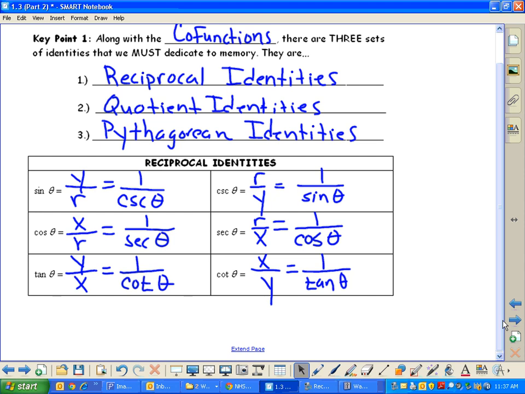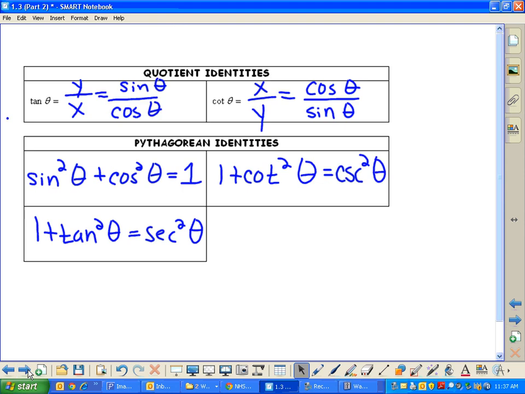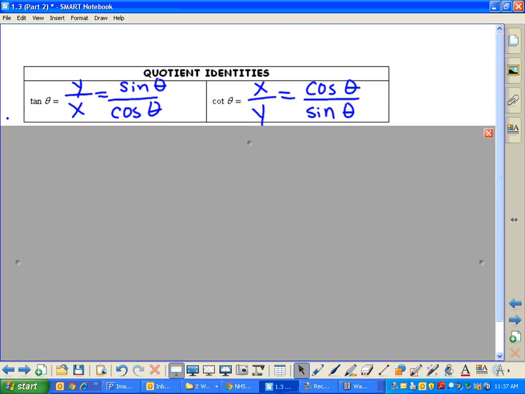All right. So we did cofunctions. We just did reciprocal identities. Now you have quotient identities. And you actually have already used these just a little bit. In the above chart, you said tangent was y over x, and cotangent was x over y.